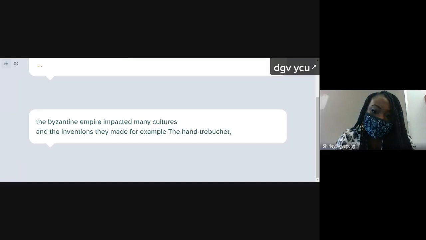Is there anything in our modern world that got the idea from the hand trebuchet? Any type of weaponry that the military uses in our modern world that resembles the hand trebuchet during the Byzantine Empire, which Emperor Justinian invented?